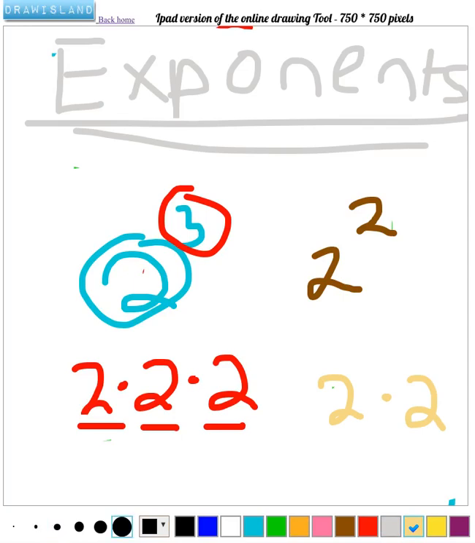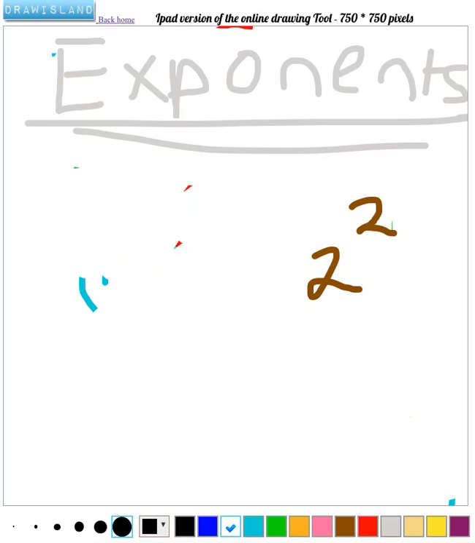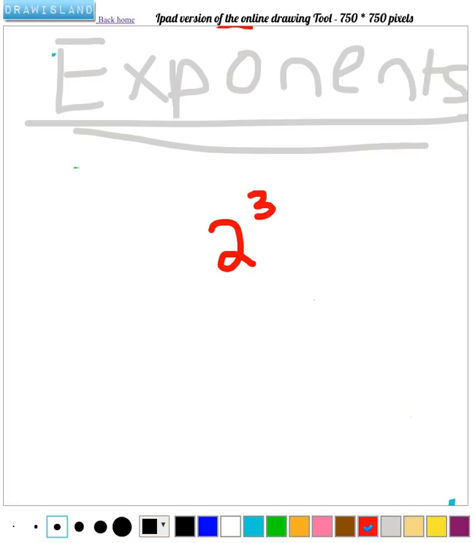Suppose you have something that looks like this: 2 to the power of 3, in parentheses, to the power of 2.